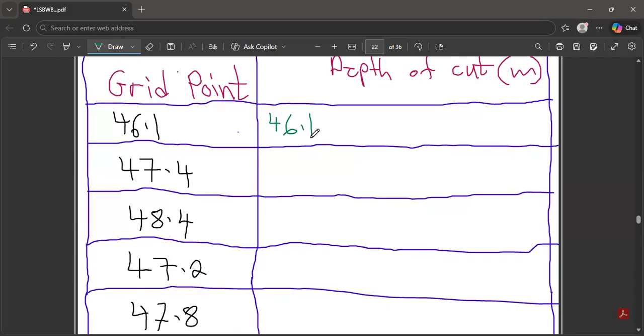What is 46.1? Minus 47.0. You see, the answer you get, you write it over there. I only do a few, and then the rest I'll just write because of the time. This is 47.4, right? Minus 47.0. That is what is happening in there.